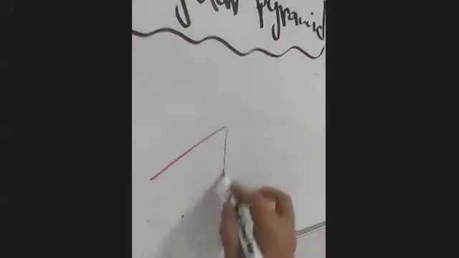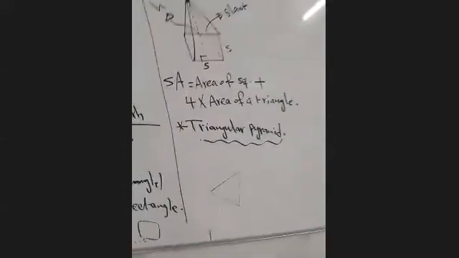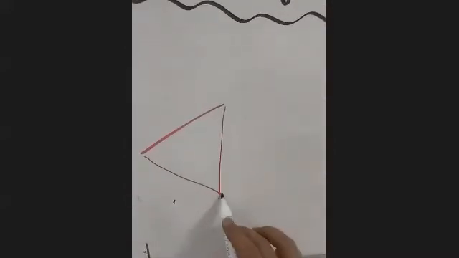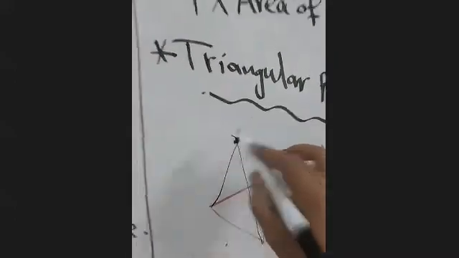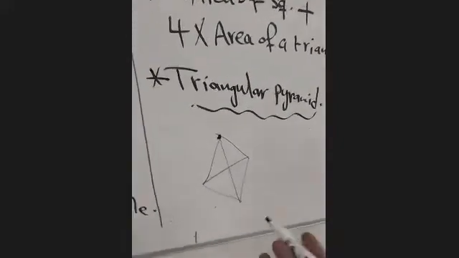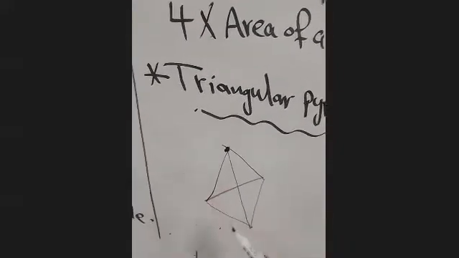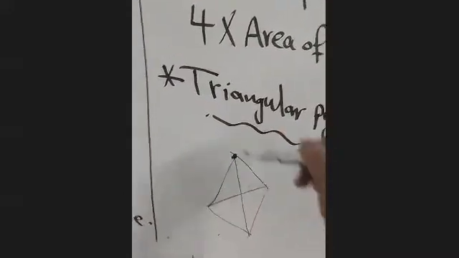This is our base, a normal triangle. And up on the sides, we have triangles. How many faces do we have? We have the floor, the bottom, and the 3 triangles around.